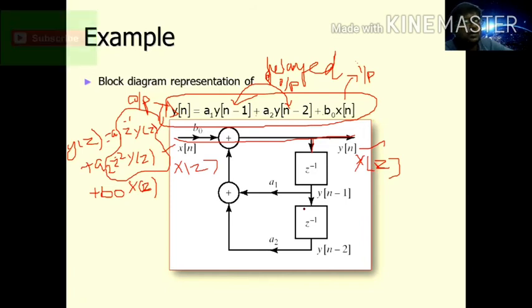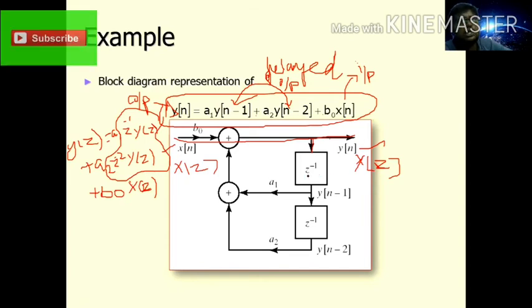Whatever the order is given, depending upon the order you add the delay elements. Suppose if you have a 3rd order difference equation you put 3 unit delay elements, 4th order you put 4 unit delay elements. So here this is a second order equation, so I put 2 unit delay elements, z inverse cascaded with z inverse.